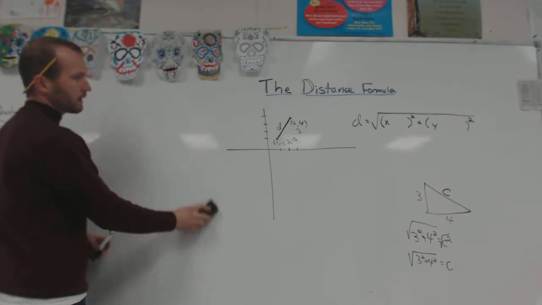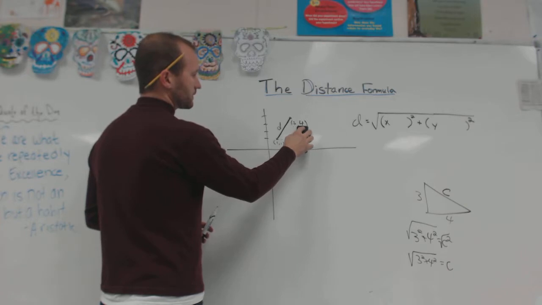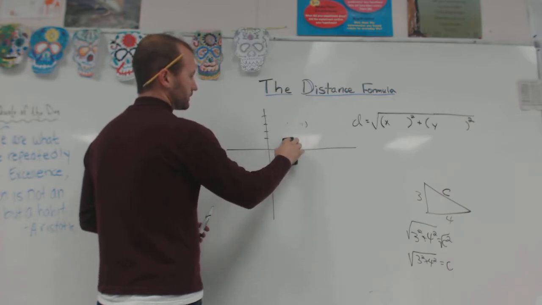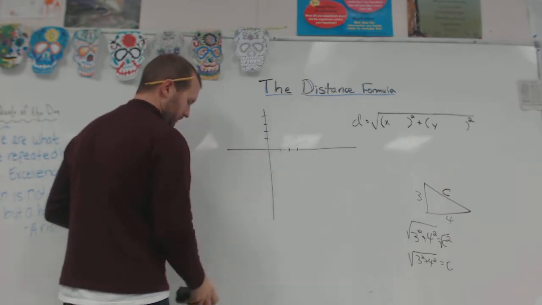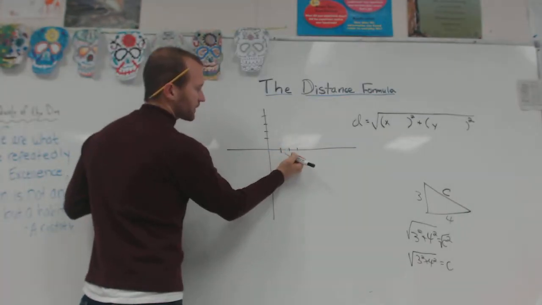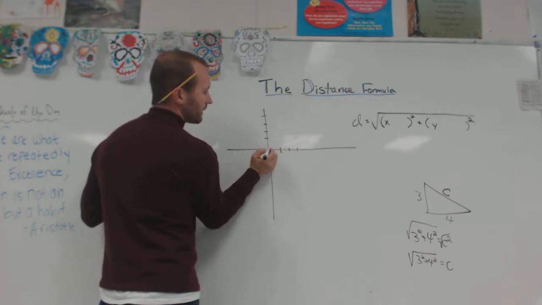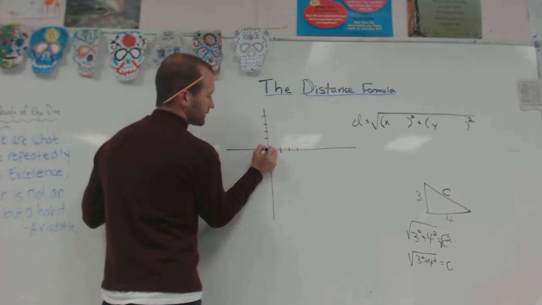So where does this all kind of come from? How do we generalize this? What is the distance? All right. So let's take another starting point. Let's say that we start at 0, 0.